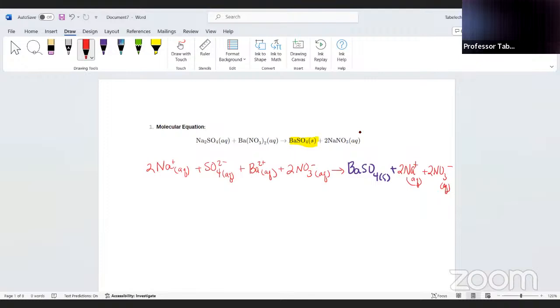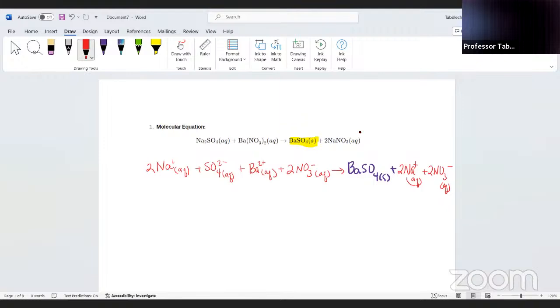Whenever you have net ionic equations, anything that says aq, you split those up. You split them apart. Whatever the charge is, you're going to put above it as a superscript, and then to balance it out, you make sure that you put coefficients there. Because we had 2 sodiums, that's where the 2 in front comes from, and the charge of sodium was positive.